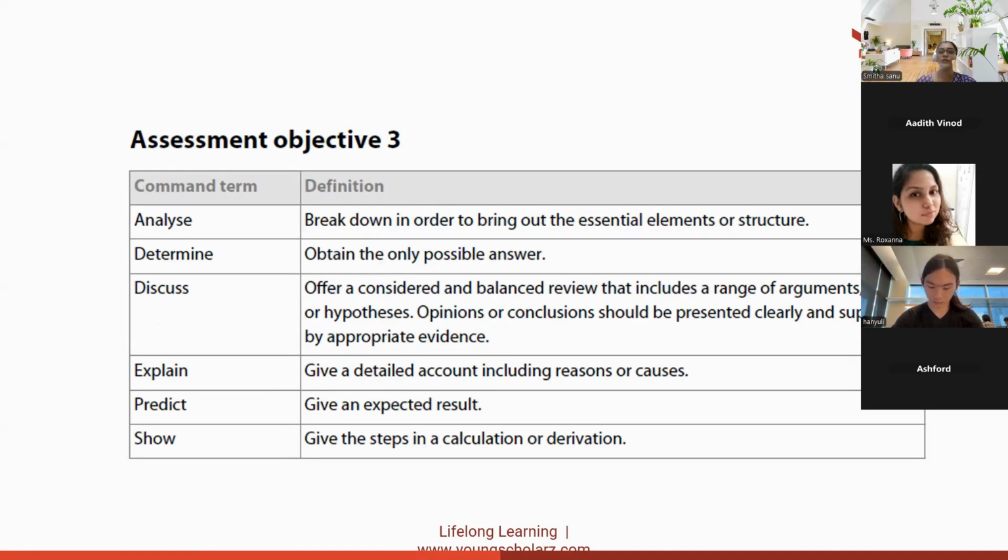Last, the AO3, as you can see, analyzing is basically seen in data analysis questions. Determine is obtaining the only possible answer. What is the possible answer in a given situation? Next is discuss, where you give your opinion, you give your conclusion, and that's what you do in analysis and evaluation of the IA.